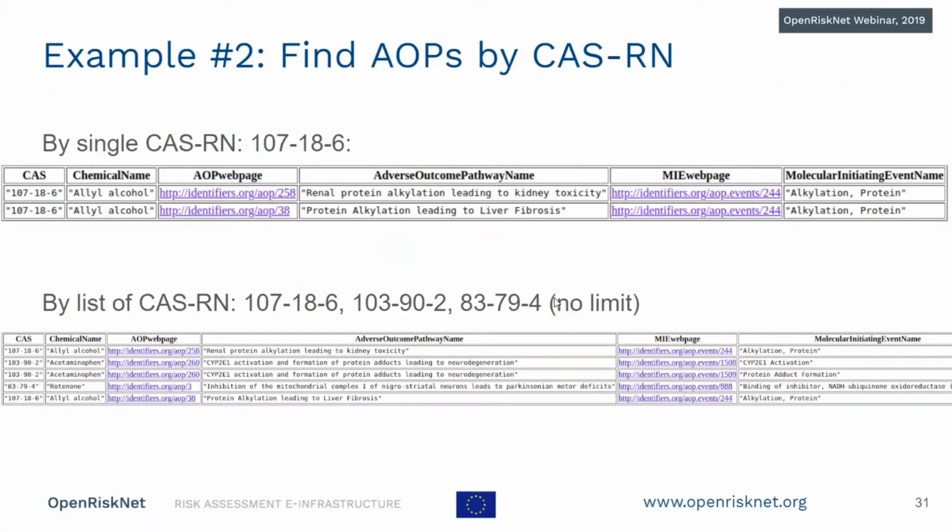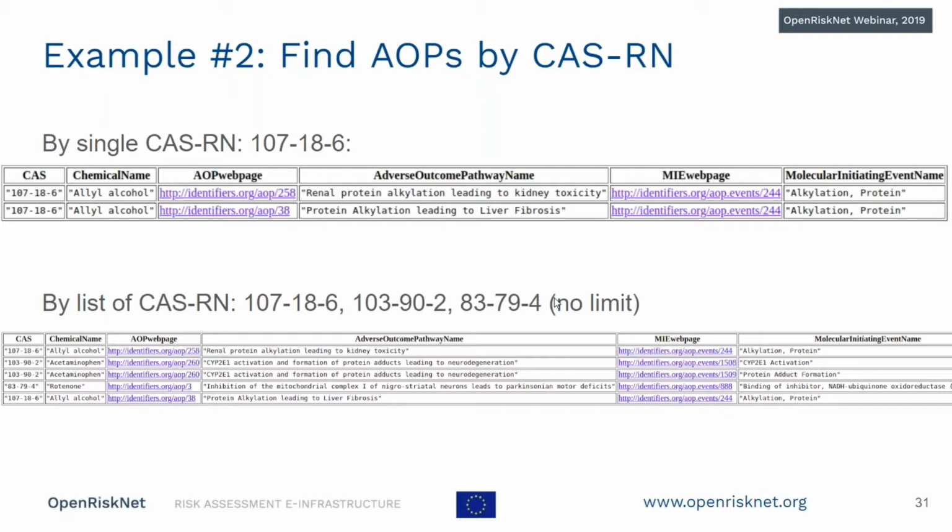Another example, which is currently not possible with the existing AOP-Wiki database or website, is searching for AOP-related components based on chemicals, based on chemical identifiers.